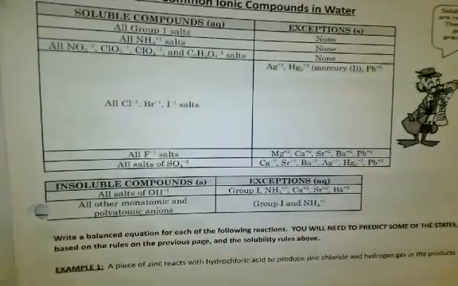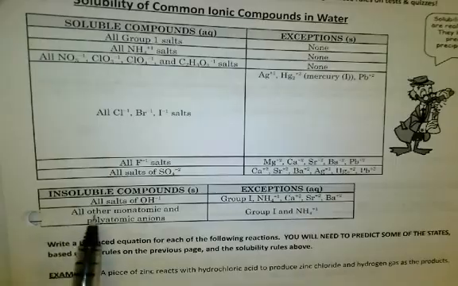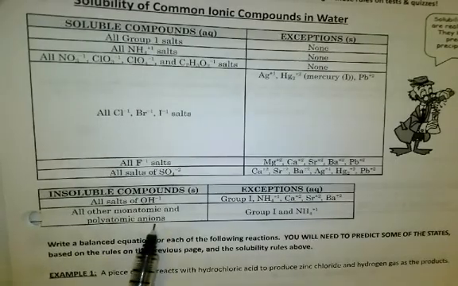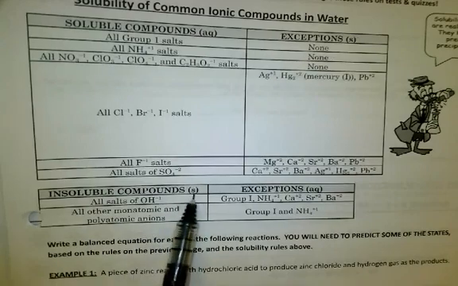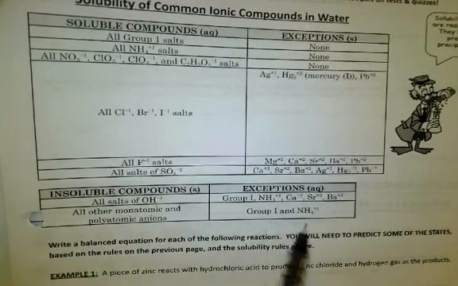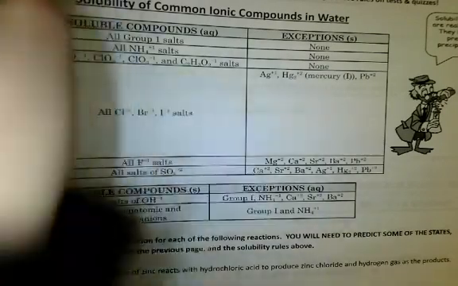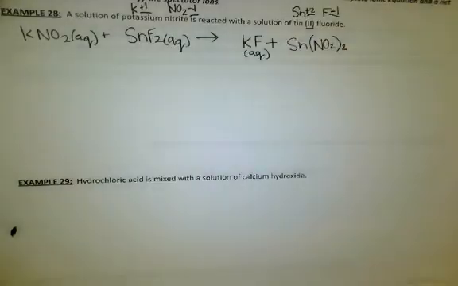It says all other monoatomic and polyatomic anions, that includes nitrite, are solids unless bonded with group 1 and ammonium. Now in this case, it's not bonded with group 1 and ammonium. So that means that tin nitrite is what? A solid. Okay, there's an exception.